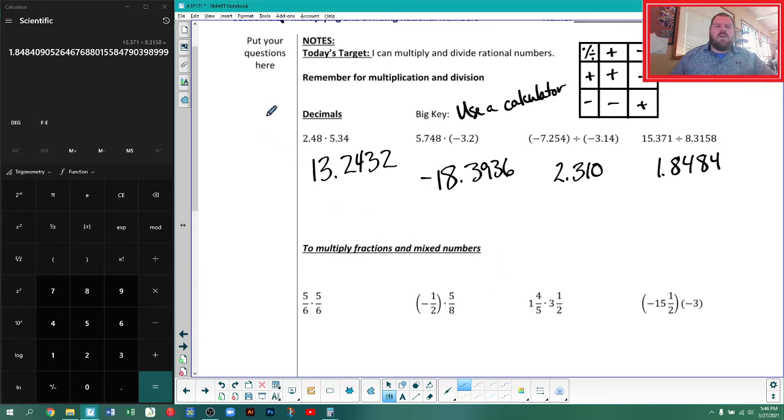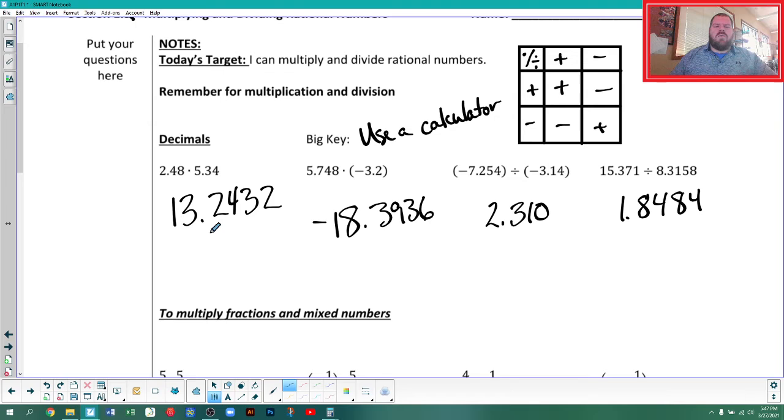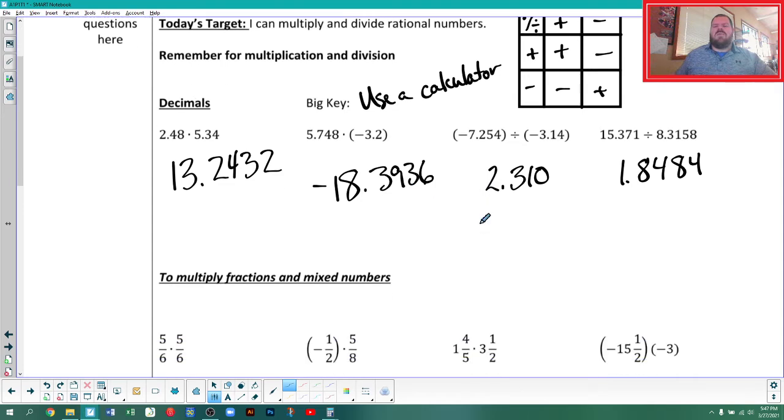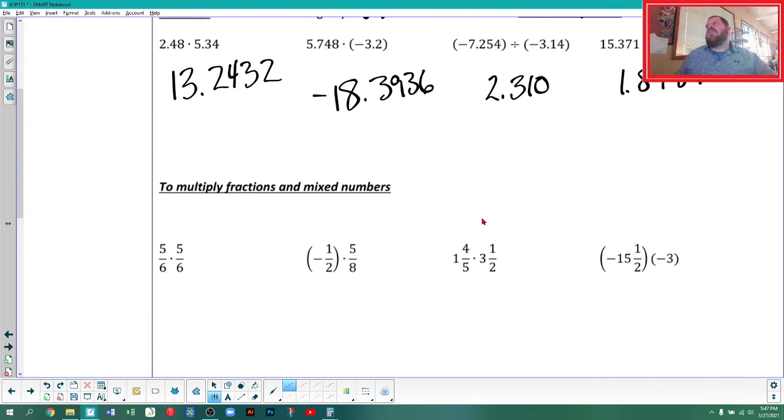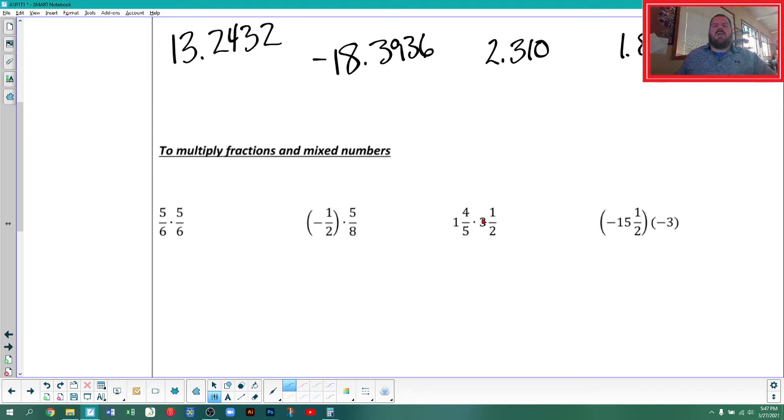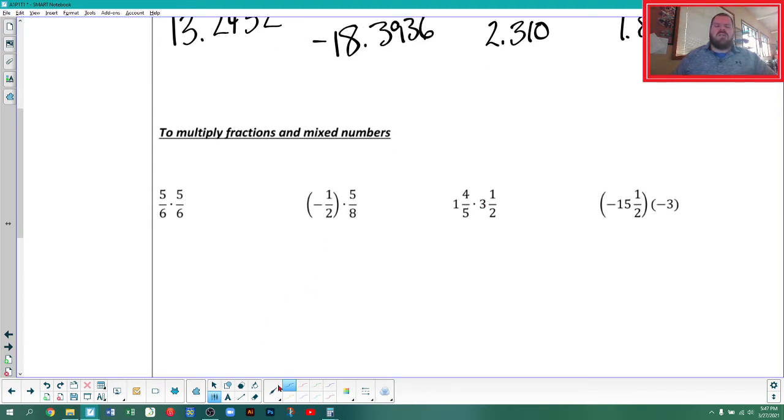Okay, and that'll be that. Awesome. So multiplying and dividing decimals, use a calculator, use the tools that are at your disposal. They can be done by hand, but they're never an easy task. It's just time consuming, and I'm not really testing you on how much time it takes you. I just want you to get the problems done.